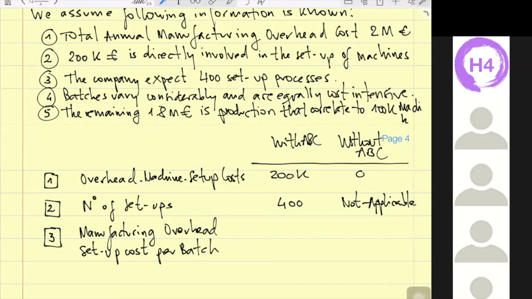So we divide 200,000 by 400 and we have 500 euro per batch. Here we are just dividing this and this. And here it's not applicable, so 0 euro per batch, we don't know.